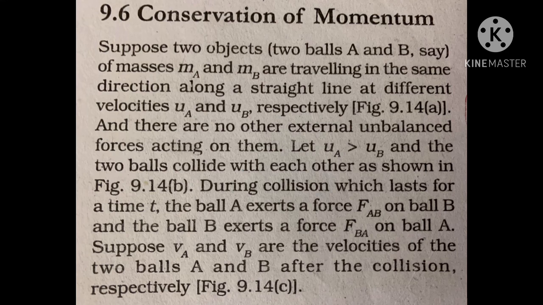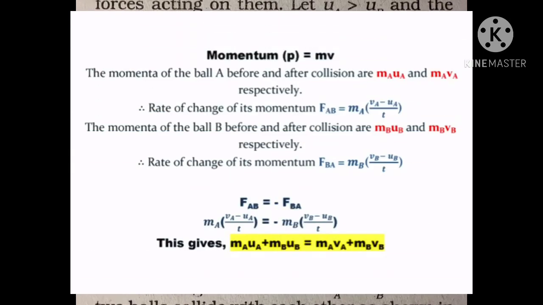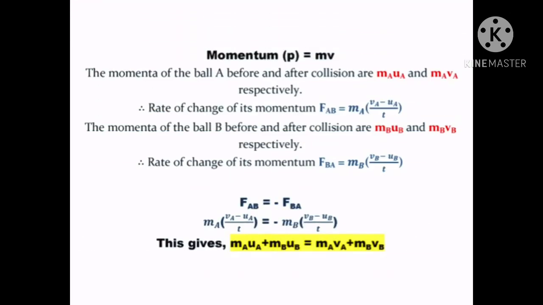The ball A exerts a force FAB on ball B and the ball B exerts a force FBA on ball A. Suppose VA and VB are the velocities of the two balls A and B after the collision respectively. We know that momentum equals mass times velocity.